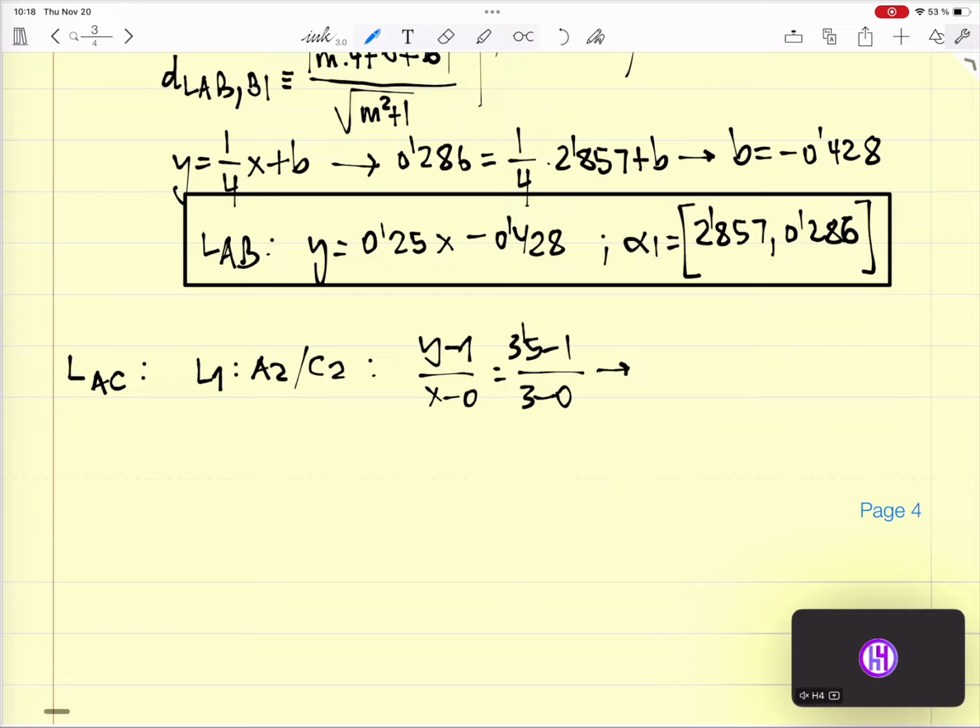As a result, y is 1 plus 0.83x. The second line goes through A1 and C1.